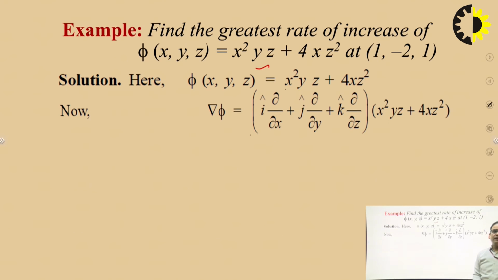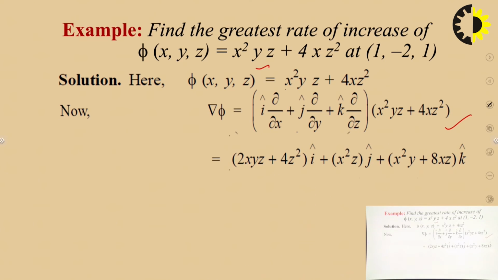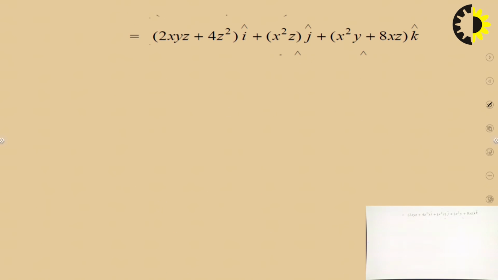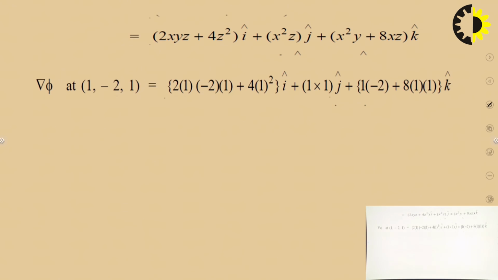Firstly we will find the gradient of this function, and after finding it, as we have discussed earlier, we will get this kind of mathematical structure. This was the general vector.